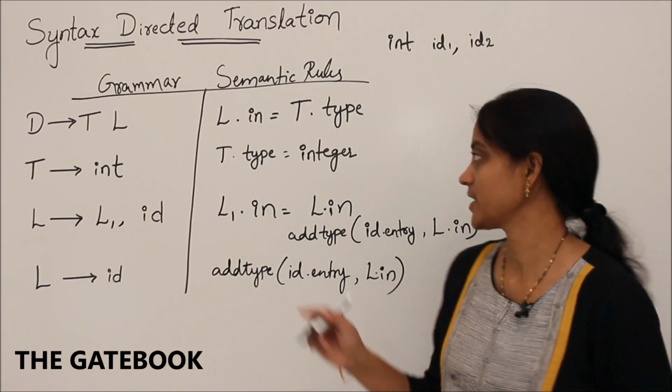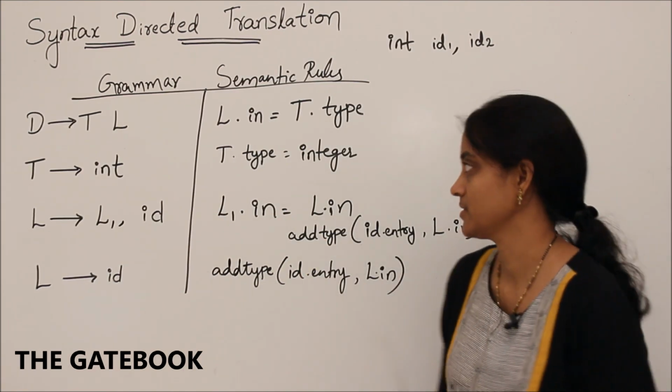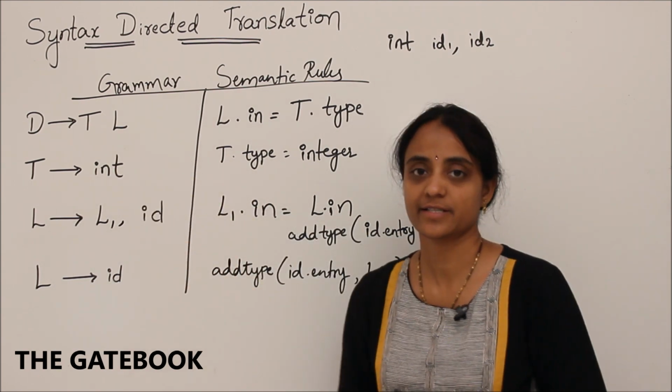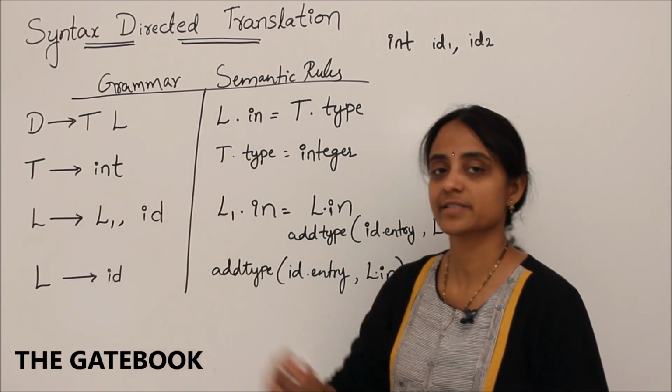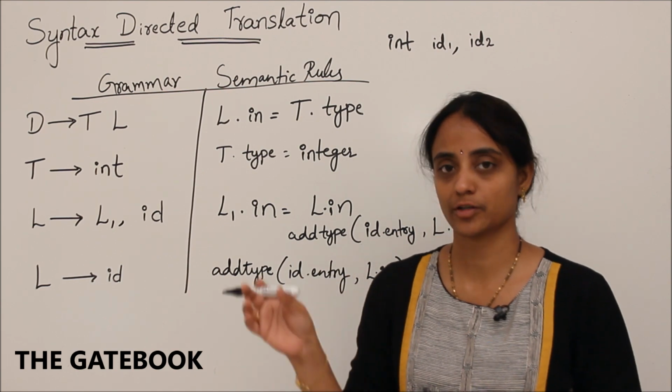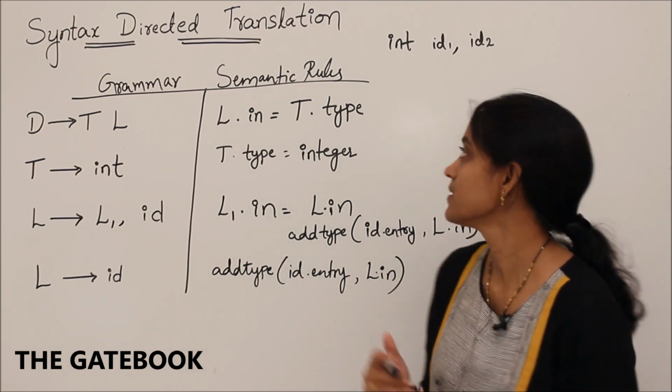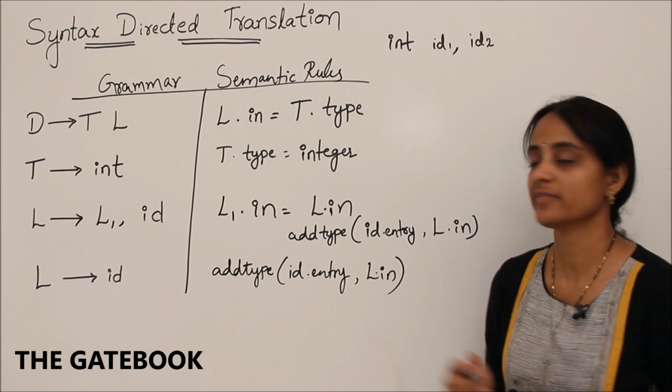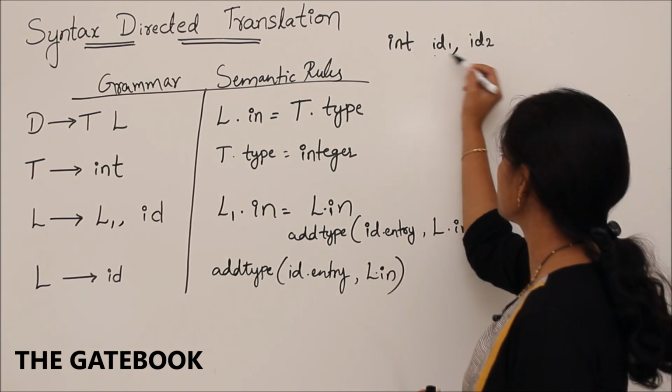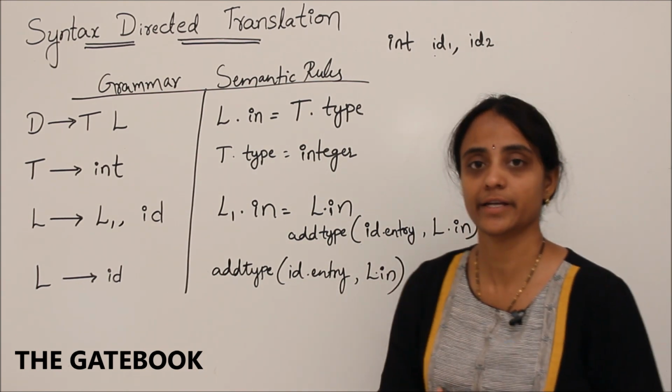Let us take one more example with inherited attributes. So this is nothing but a declaration statement. In a declaration statement we specify a type followed by identifiers, right? Something like this. Whenever we do this, the type of these two identifiers is integer.